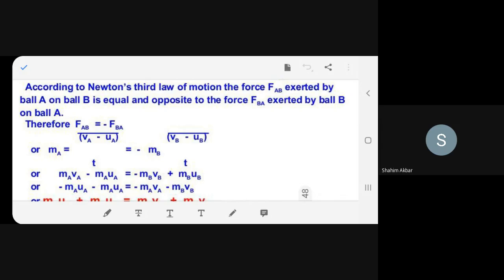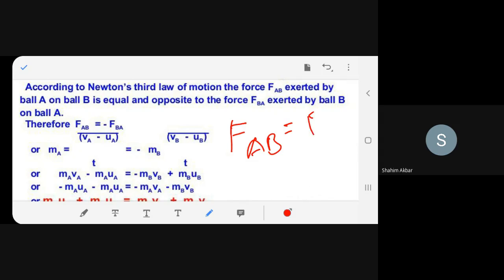Remember that. Action is equal to reaction, but it is opposite in direction. So it is opposite to the force exerted by ball B on ball A. So what will we write? FAB is equal to FBA. This is what we learned, but it is opposite in direction. So what will I put here? Minus. Do you understand?